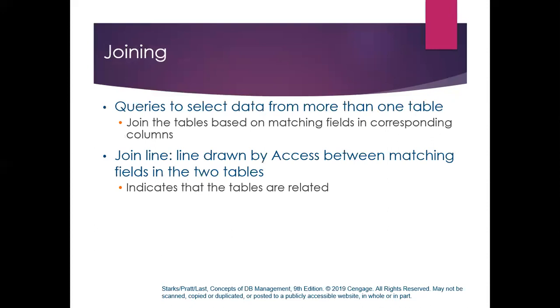Sometimes when creating queries, you will need to select data from more than one table at the same time. To do this, you'll need to join tables. Tables are joined based on matching fields in corresponding columns.